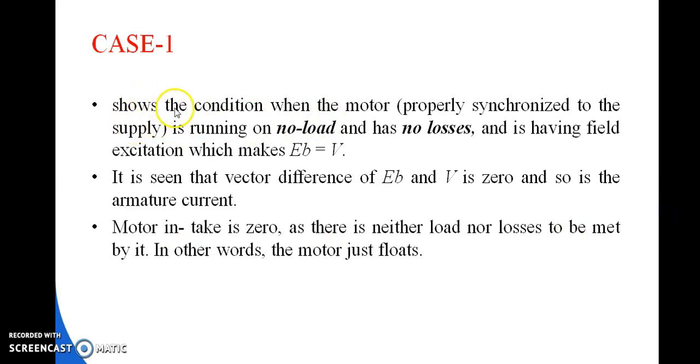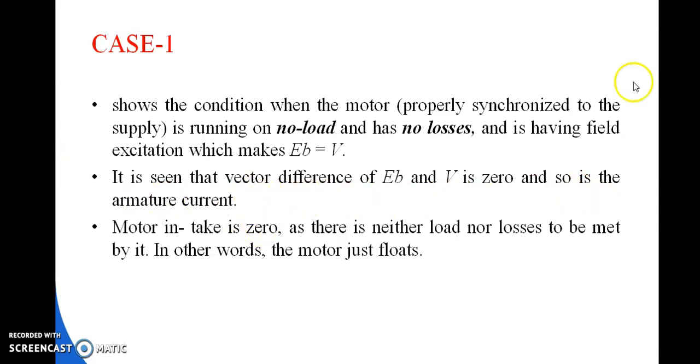So, this case 1 shows the condition when the motor is properly synchronized to the supply. It is running on no load and no losses, and has field excitation which makes EB equal to V. So, there are two sine waves passing through the origin, and the vector difference of EB and V is 0, and so is the armature current.